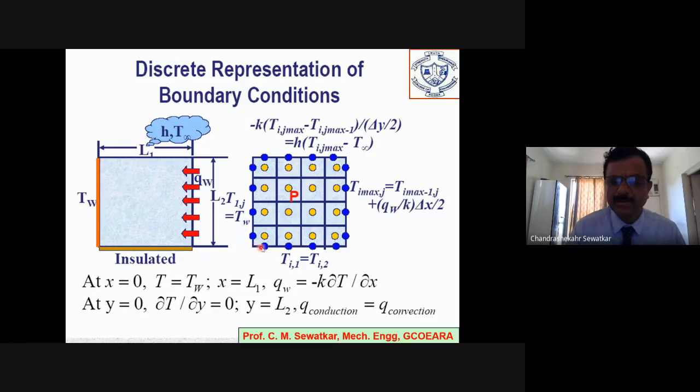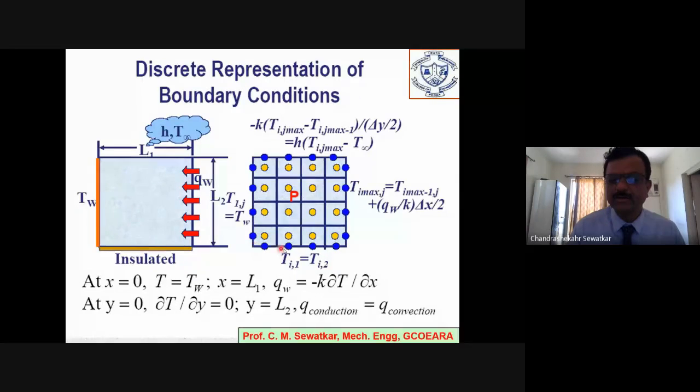If I multiply it by this much area, I get the total heat transfer across this small control volume. If I consider the temperature gradient here, I can find the heat transfer across this face, and likewise for the others.